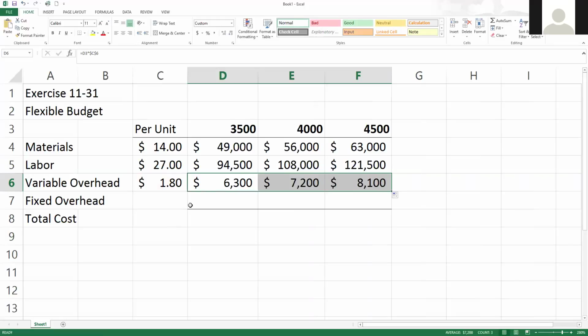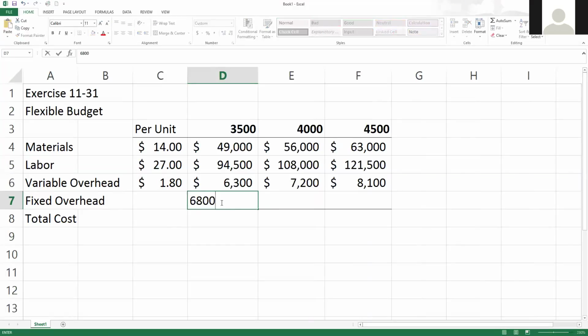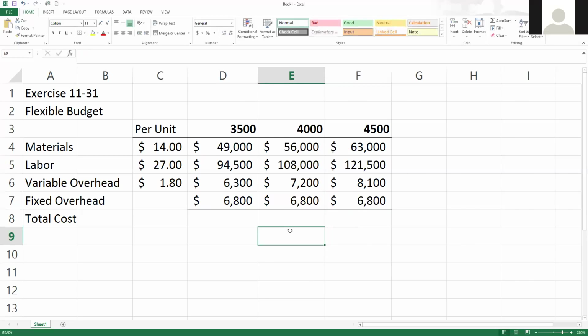Fixed overhead, that's the only one that's going to kind of buck the trend. It's not going to follow the same pattern. Fixed overhead means it's fixed. It doesn't change with how much production we do. So every single one of these columns will be $6,800. It won't increase as we increase production.